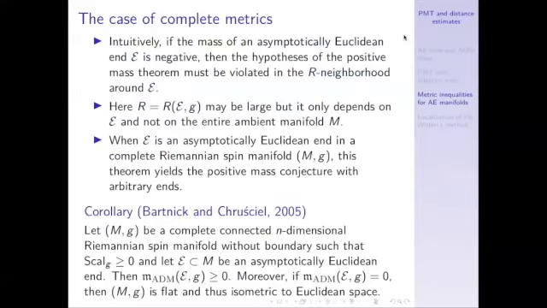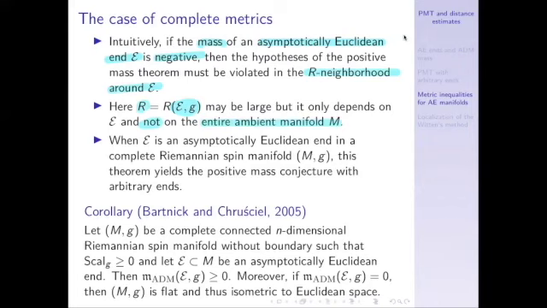The intuition is that when the mass of an asymptotically Euclidean end E is negative, then the hypothesis of the positive mass theorem must be violated in the R neighborhood around E, where R is a constant that only depends on the geometry of the asymptotically Euclidean end, and not on the geometry of the entire ambient manifold M.